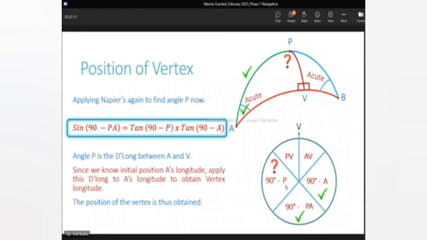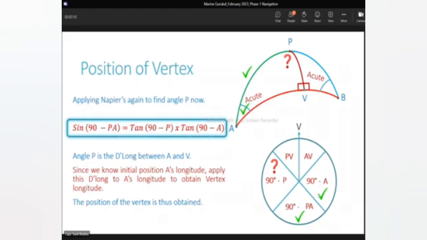Theoretically, yes, you can use it. You will get the same answer. But practically, I would recommend not to use the part which is calculated. Why I do not recommend is, you see 90 minus A and 90 minus PA were already known to us. If you make any mistake in calculating PV, let us say calculation mistake is made, the latitude will obviously be wrong, but if PV is used for calculating longitude also, the longitude will also become wrong.